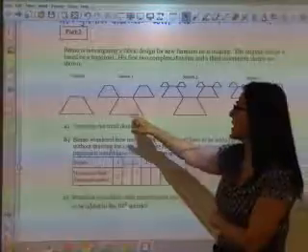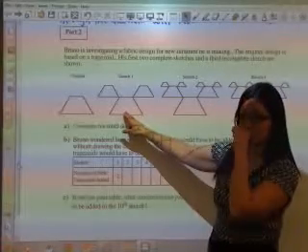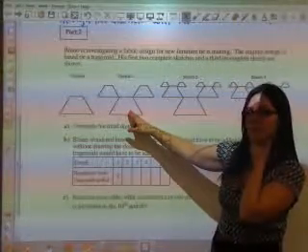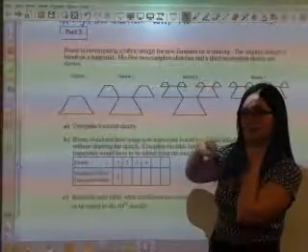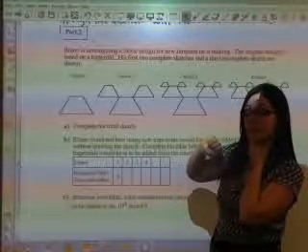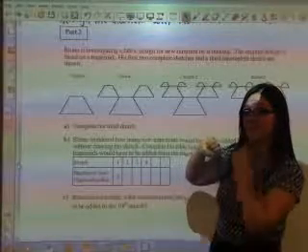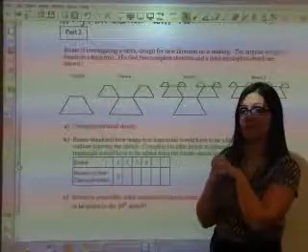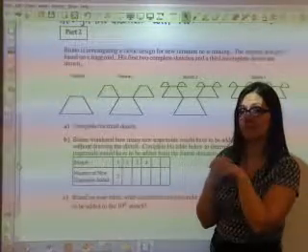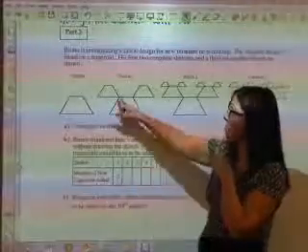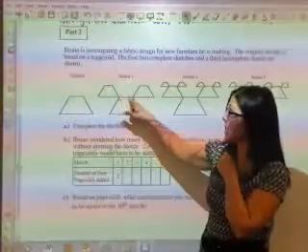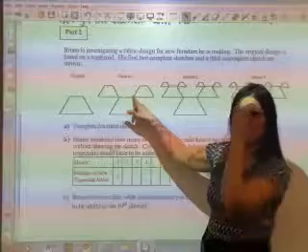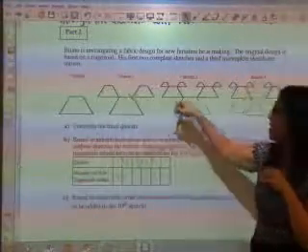So how did he get his first sketch? What did he do? What did he do, Lane? He added 2 more trapezoids, smaller trapezoids, and he connected them to the top part of my trapezoid.